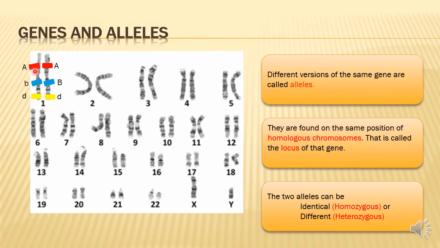For example, this is the locus of the gene A, this is the locus of the gene B, and this is the locus of the gene D. If the 2 alleles are identical, we say that they are homozygous. If the alleles are different, they are said to be heterozygous.